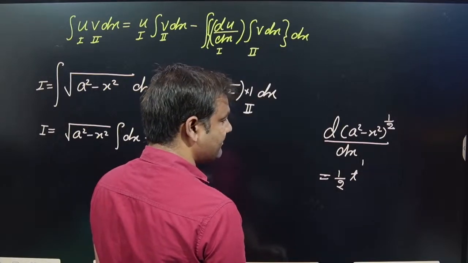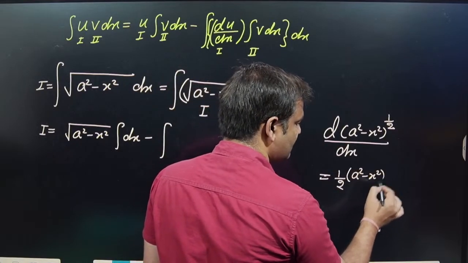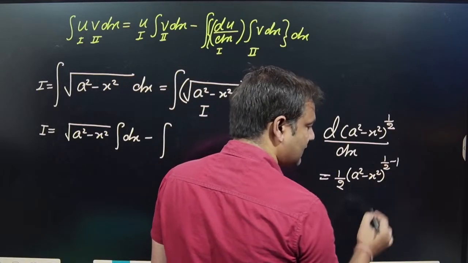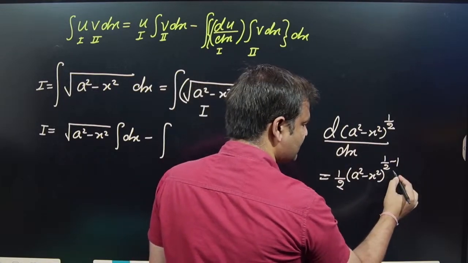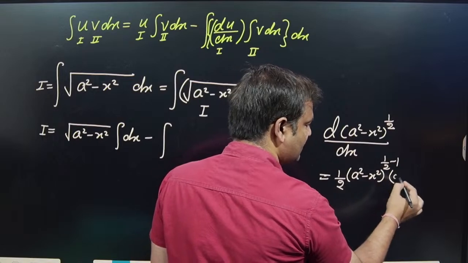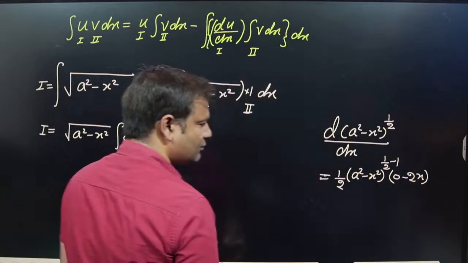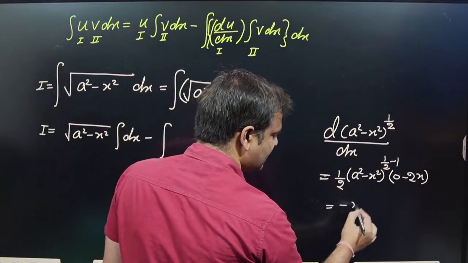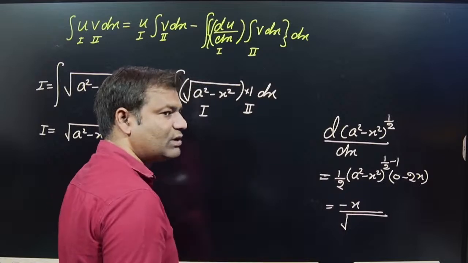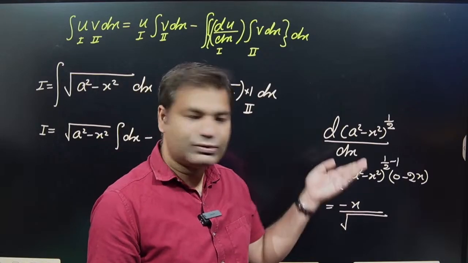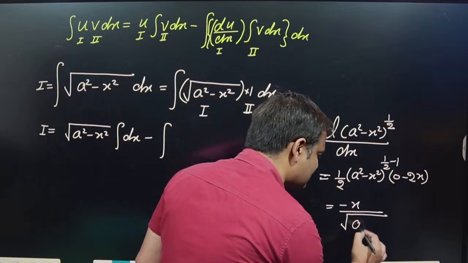Basically t is a square minus x square, so it is a square minus x square to whole power 1 by 2 minus 1 into differentiation of that one. Differentiation of a square is 0, minus differentiation of x square, minus 2x. So 2 cancels, and we get x upon under root a square minus x square to whole power minus half. So that is written as minus x upon under root a square minus x square.